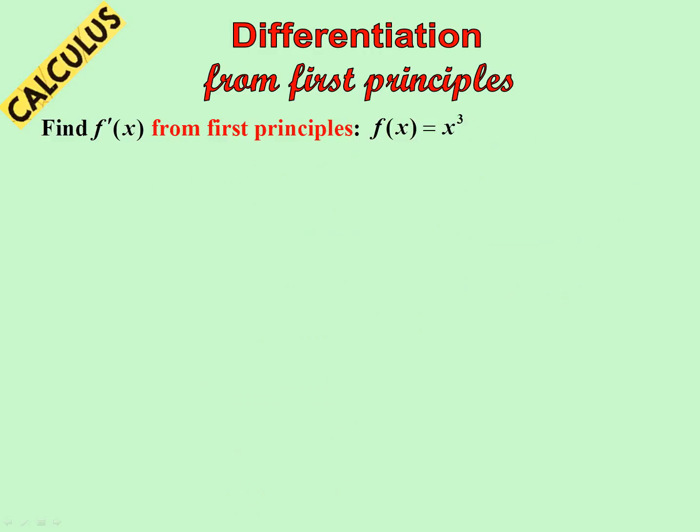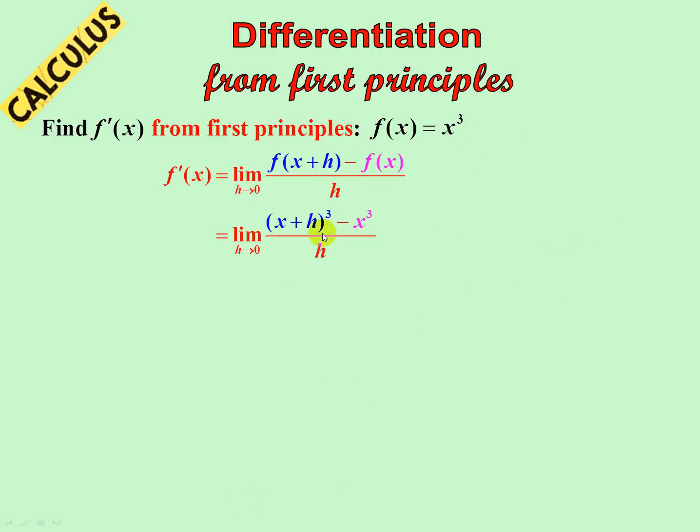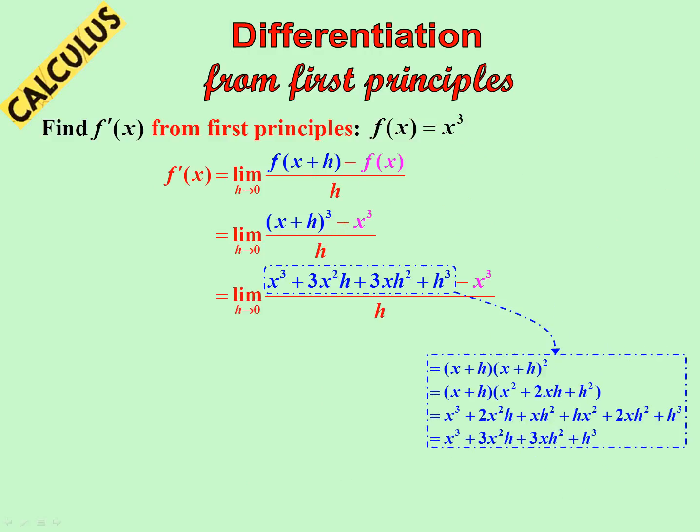X cubed. Right. So that's x plus h all cubed. Now that's a case of just multiplying out. There we are. When you cube something, you square it and then multiply by itself again. So it's x plus h times x plus h squared. There's x plus h squared. Multiply by x plus h, simplify. That's how we end up with that. Notice there's a term without an h, cancels with the other term without an h.